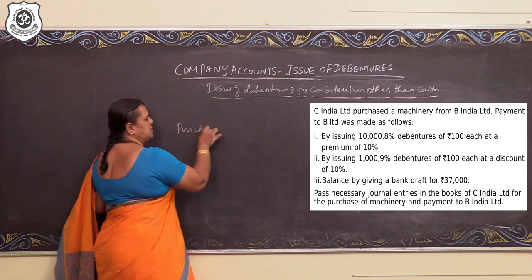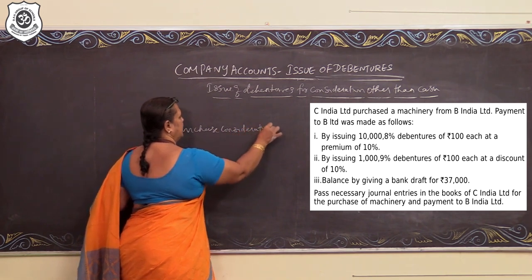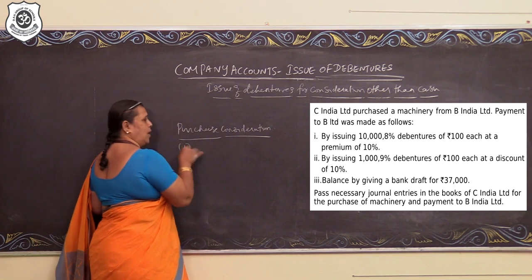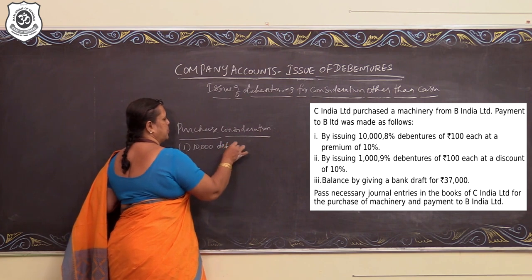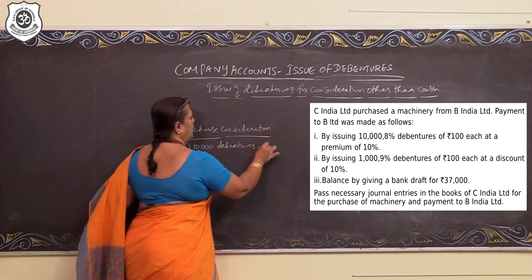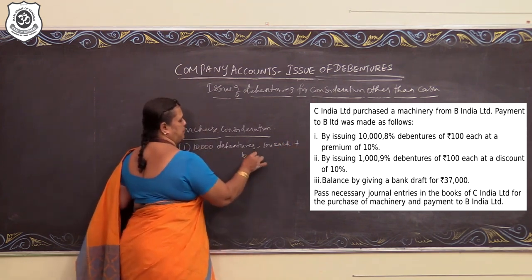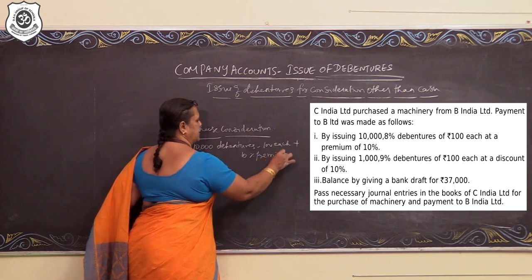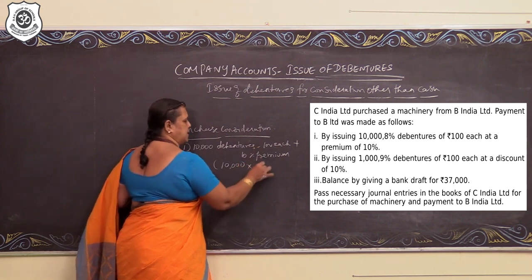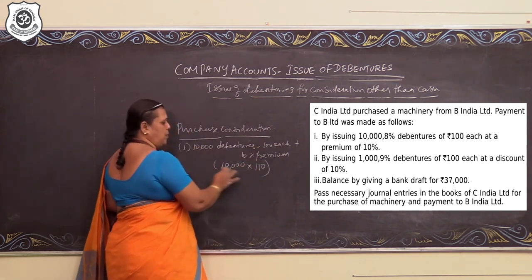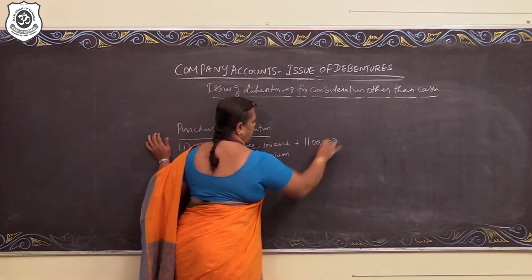Now, the purchase consideration says, case 1 says 10,000 debentures at rupees 100 each plus 10% premium, which means it is 10,000 into 100 plus 10, 110, which gives you 4 zeros here plus 1 zero over there, it gives you 11 lakh rupees.